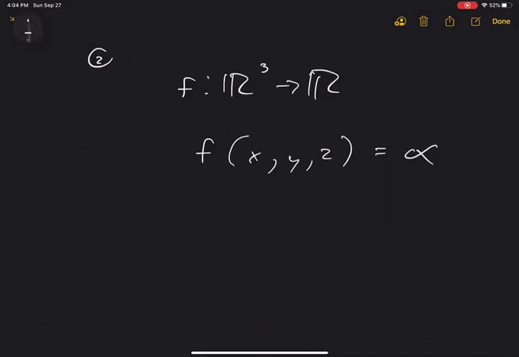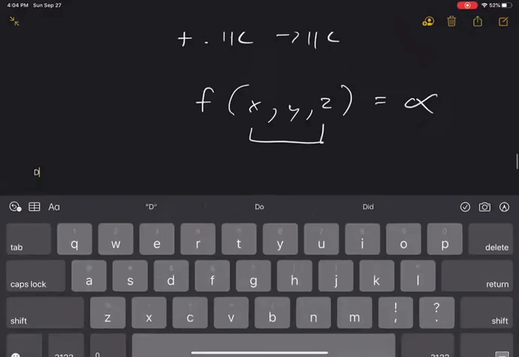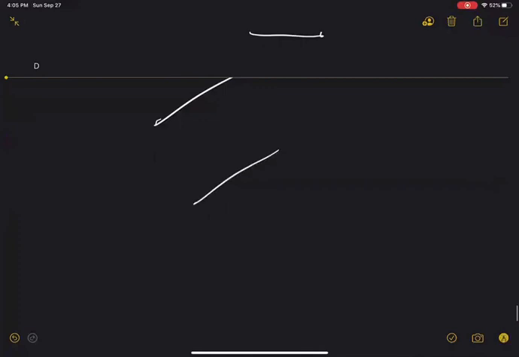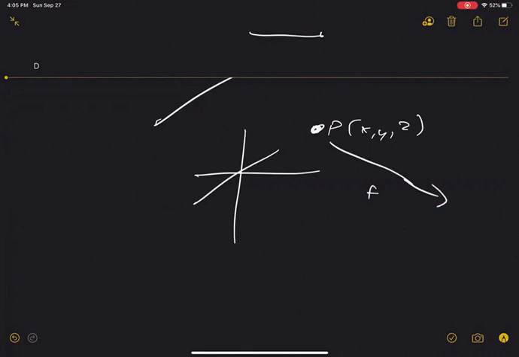You could think of this function as having inputs the numbers x, y, and z, or you can think of it as having an input of the point (x, y, z). You have three-dimensional space, and then this single object, the point P, which has coordinates x, y, and z. You plug this point into a function, and it gives you the value alpha.